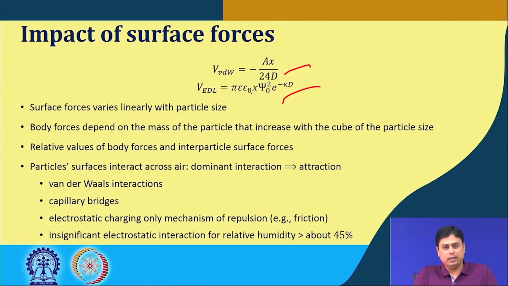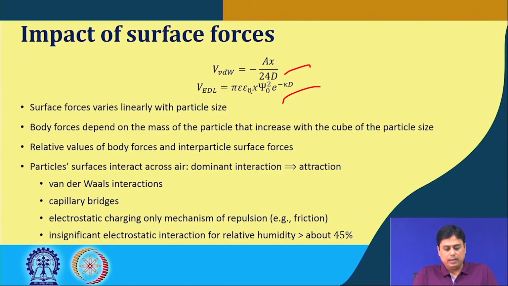So, for a smaller particle, although the body forces are smaller, the surface force is what dominates its characteristics. Say particle surfaces interacting with air, if nothing else is there, the dominant interaction is typically the attractive van der Waals force.